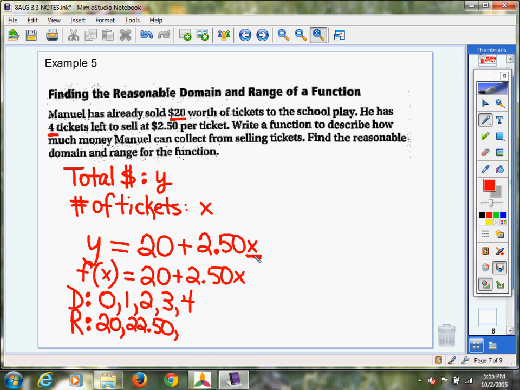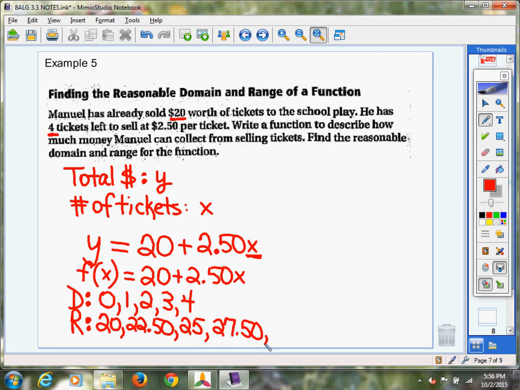What's 5 plus 20? $25. I think you're getting the hang of this. This is the reasonable range based on the number of tickets he could possibly sell. What if he sold 3 of the 4 tickets? So 3 times 2.50 is 7.50. Add that to 20, that's $27.50.